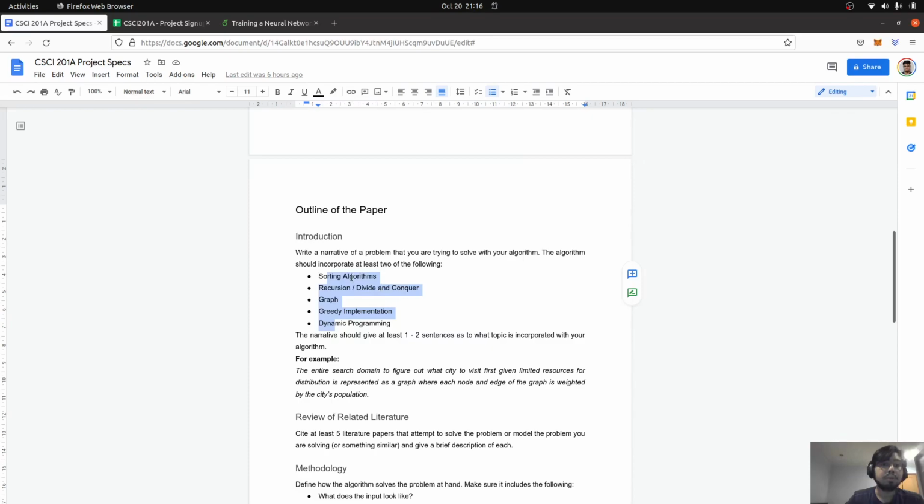So we started off with sorting, and then we have divide and conquer and recursion. In a few days next week, we'll be talking about graphs, and then we'll talk about greedy implementation, and then finally dynamic programming. So at least two of them should be involved in your implementation, and make the discussion in the introduction in light of that.